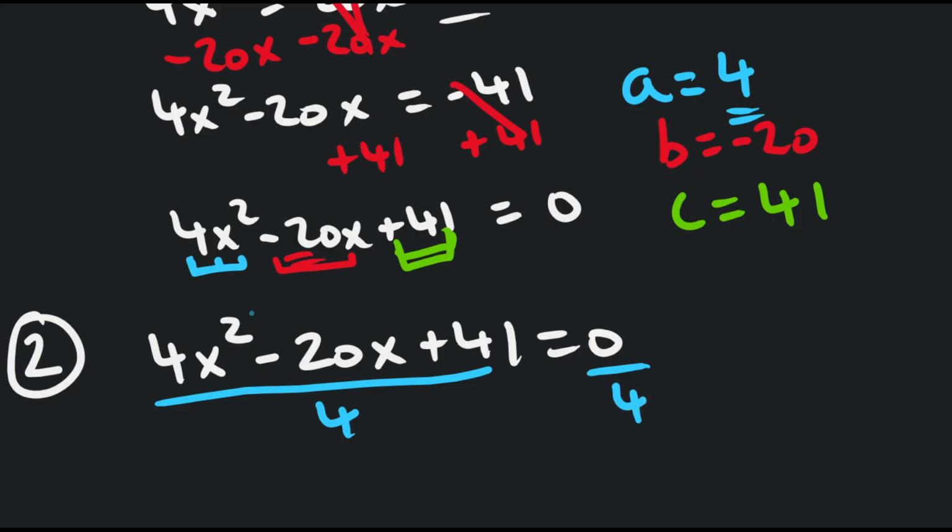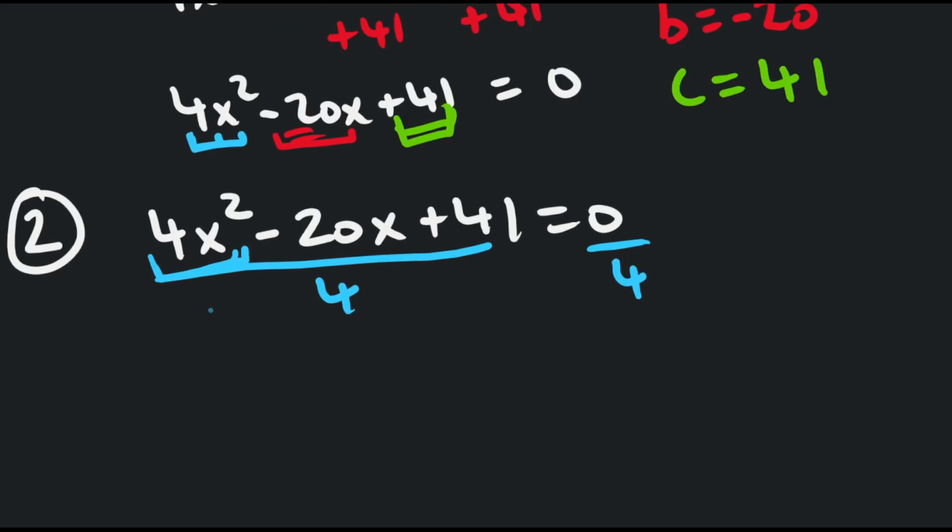On the left side of this equal sign, dividing this quadratic by 4 is the same as dividing each term by 4, so let's do it term by term. What is 4x squared divided by 4? Looking at the coefficients, 4 divided by 4 is 1, and the 4 and the 4 cancel out. We are just left with x squared, which is this part right here.